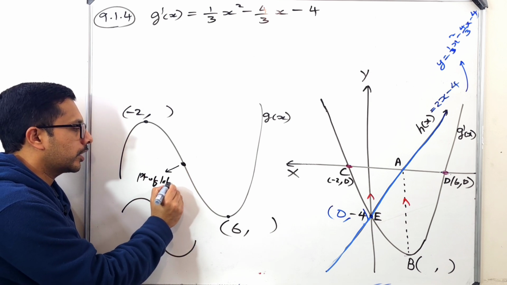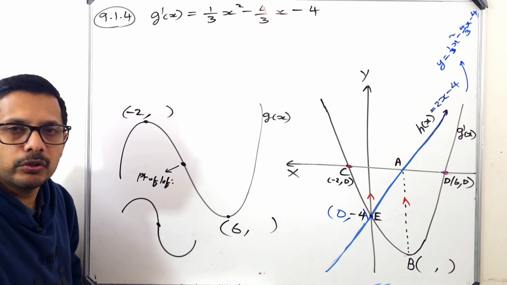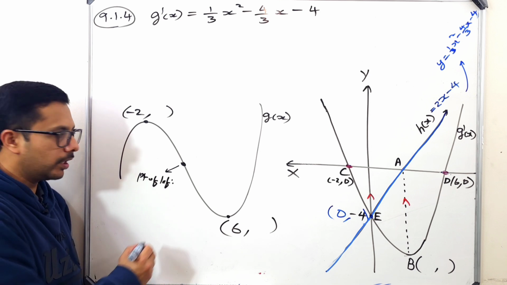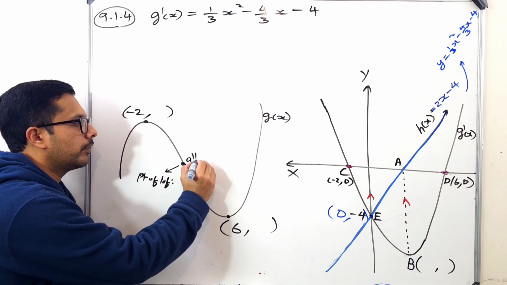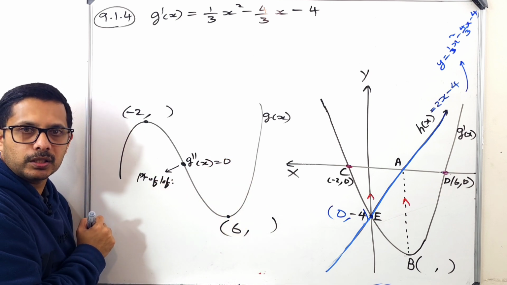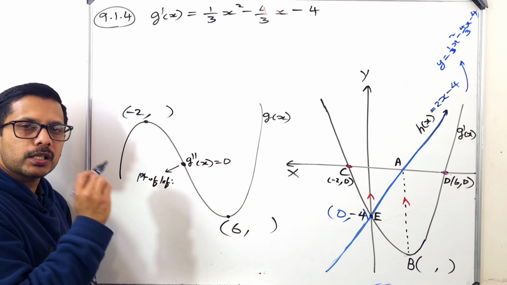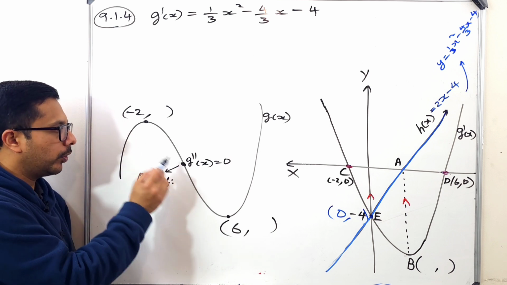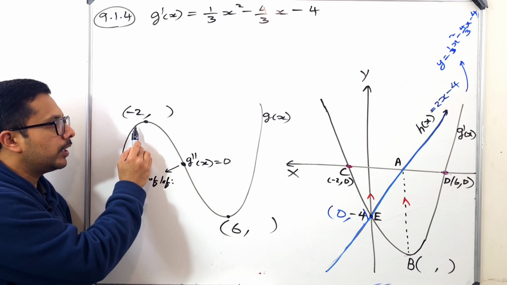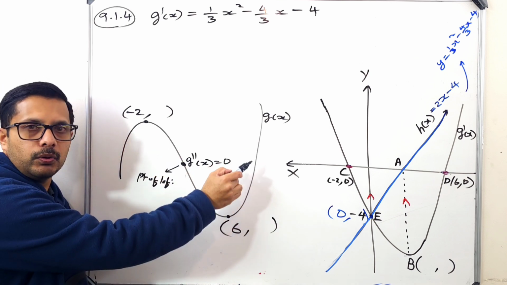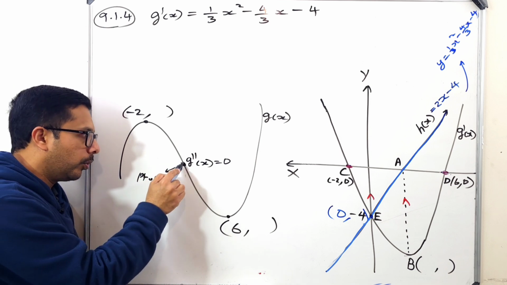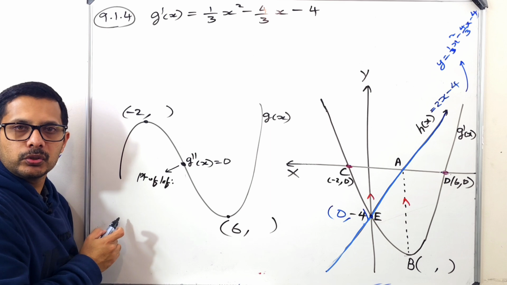What you studied in your class, guys, is that at the point of inflection, the second derivative is equal to 0. Am I right? That is the theory part. What is the meaning of point of inflection? The point at which concavity changes. The definition is like this. That means the concave down changes to concave up, and that point is called the point of inflection. And at the point of inflection, the second derivative is equal to 0.